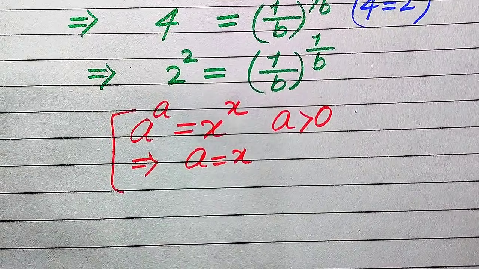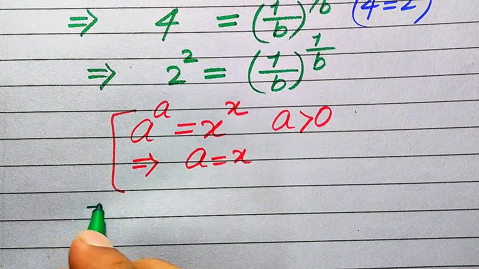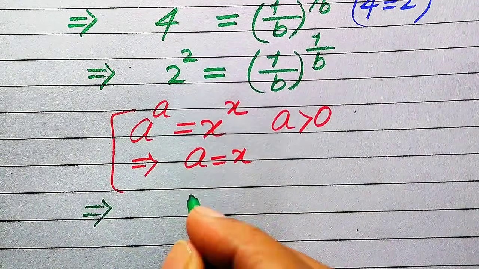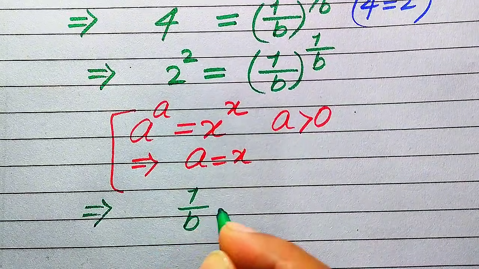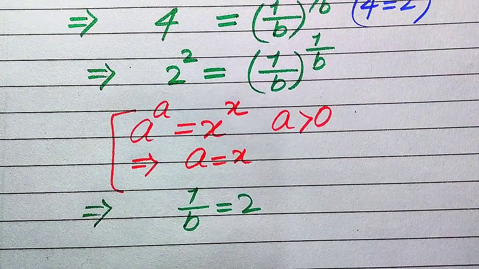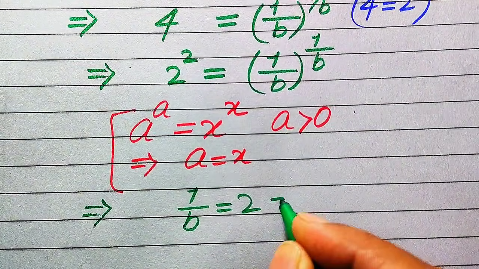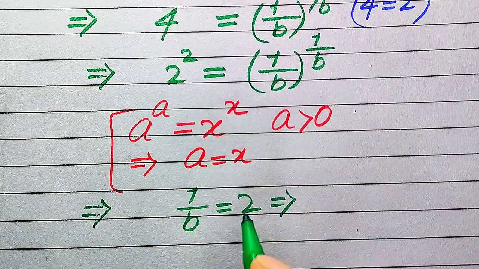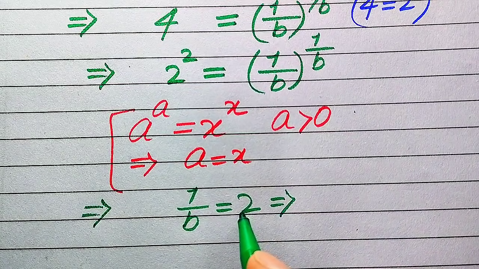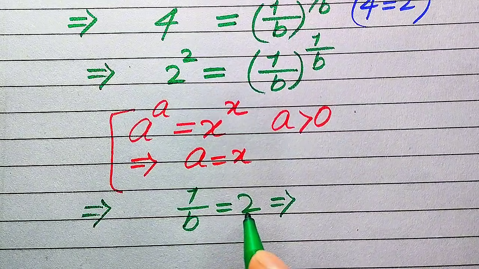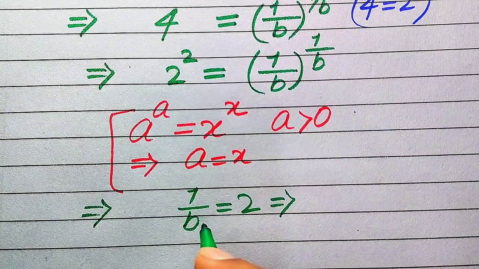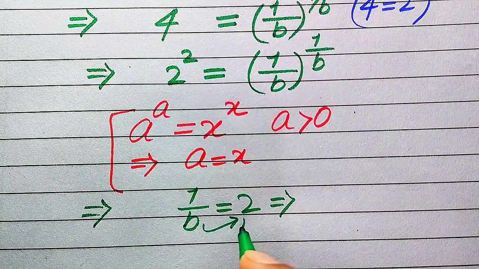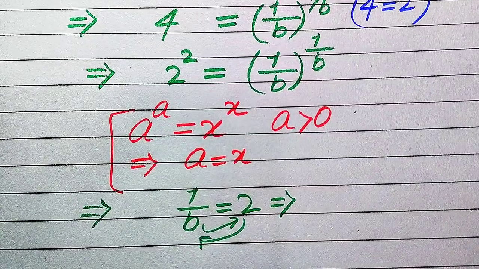So according to this rule of exponents, when we compare the base or exponent of the above term, it will be written as 1 over b is equal to 2. And in the next step, in order to find the value of b, we just interchange this 2 and this b.